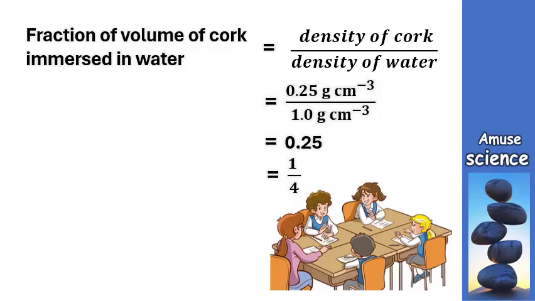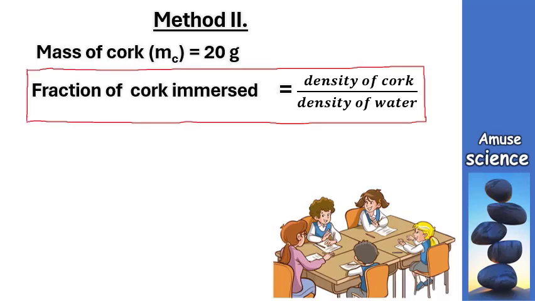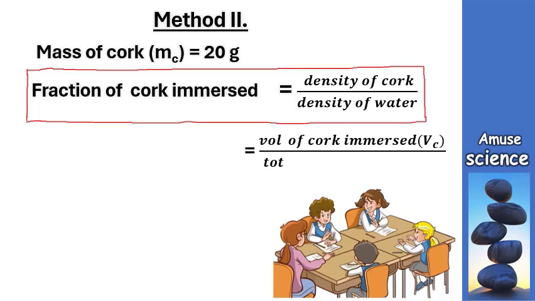Now in our second method, we need to use the mass. So let's write mass of the cork. We are going to represent it by MC is equal to 20 grams. Apart from this relation here, we also know that the fraction of the cork immersed in the water is equal to the volume of the cork immersed, which we are going to represent by VC, divided by the total volume of the cork, which we are going to represent by VT.